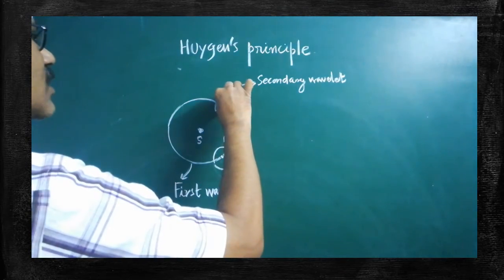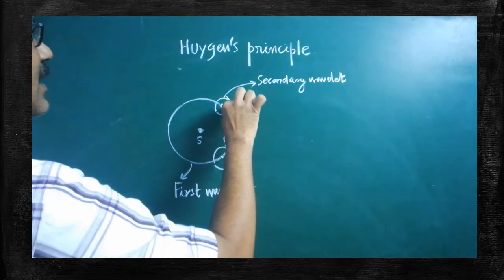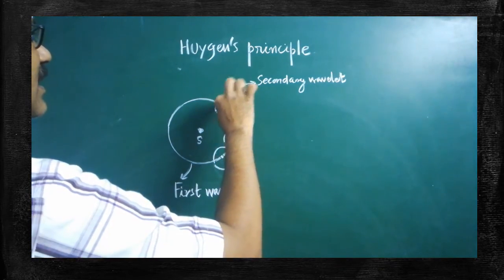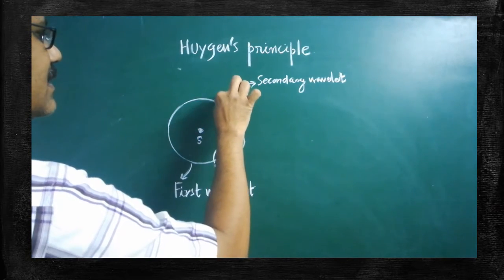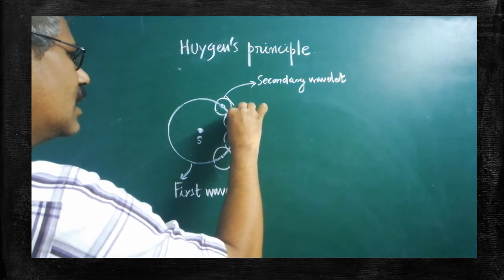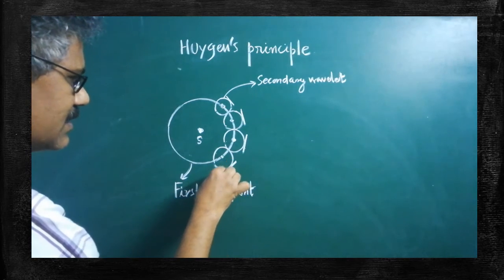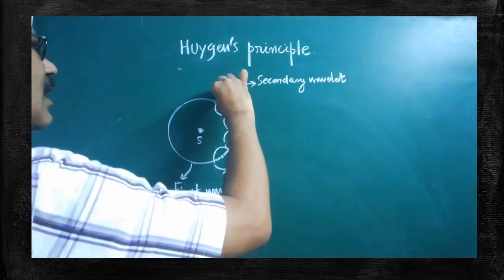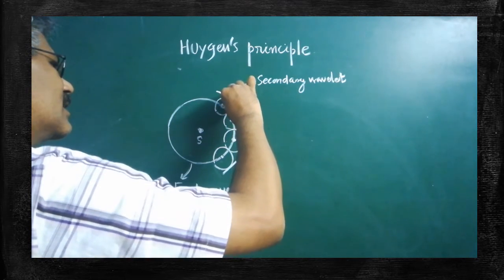Now I am going to draw the tangent. Any line which is drawn perpendicular to the radius on the circumference is called a tangent. It simply touches the surface. So here also a tangent can be drawn, here also, here also. Now after drawing the tangents, all the tangents are to be interconnected.